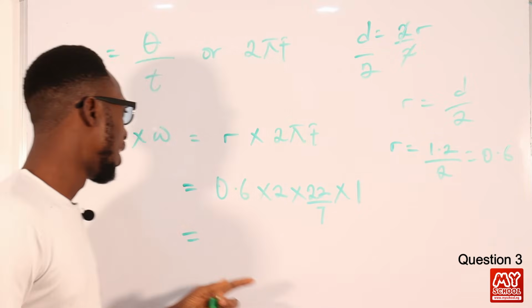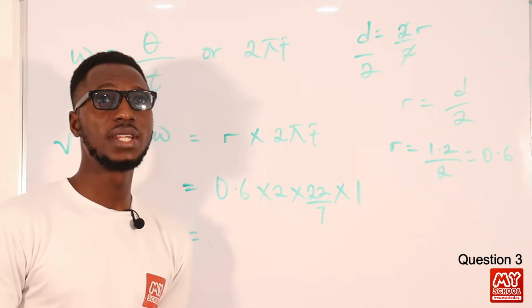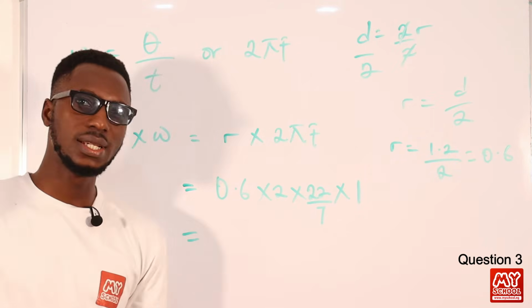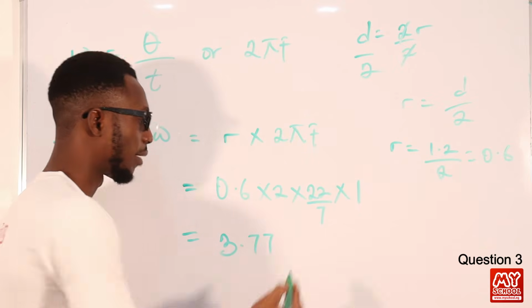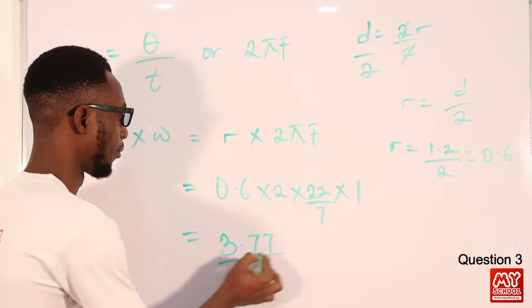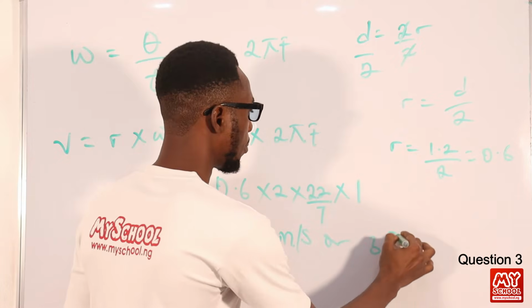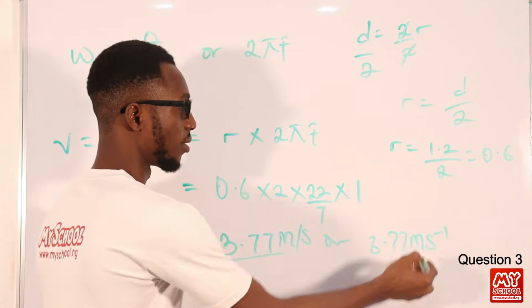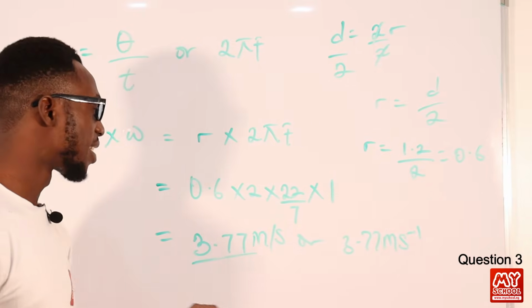If you carry out this solution, 0.6 times 2 times this, you should have something around 3 point, I think maybe 77 or 76 thereabout. So I can just bring my solution to 3.77 meter per second. Or some expression will give you 3.77 meter raised to power minus 1. This means 1 over s, meter times 1 over s, still gives you the same thing.